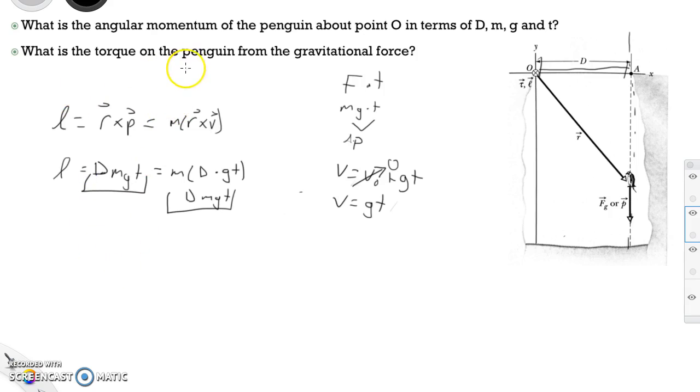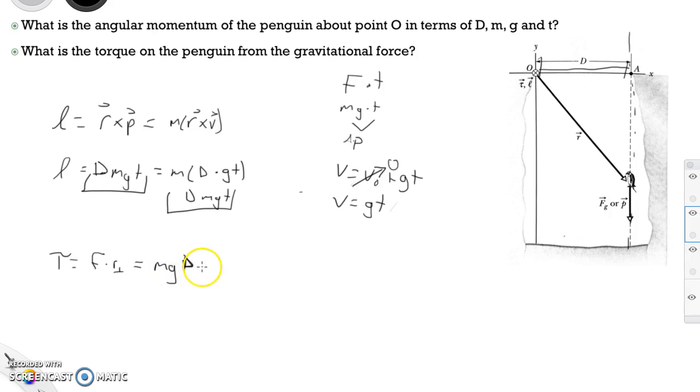Then it asks for the torque on the penguin from the gravitational force. There are 2 options here. Remember, torque is equal to the force times the perpendicular radius. The force pulling the penguin down is equal to the weight of the penguin, and in this case, the distance, or the radius, would be d.